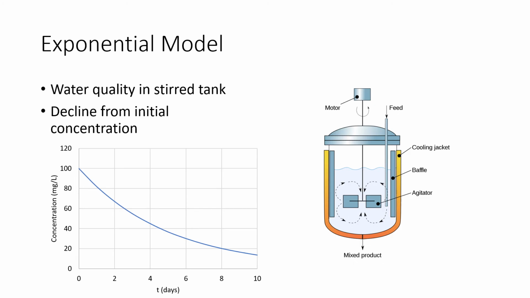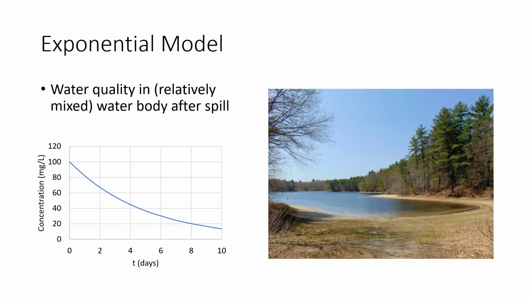Water quality in a stirred tank. If you put in an initial amount and then stir it up and let it out over time, you have your mixed product coming out of the stirred tank. The more you let out, the concentration is going to decline over time. So that would also be a case.